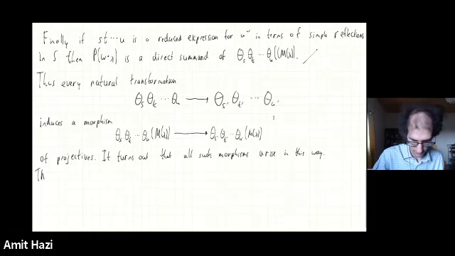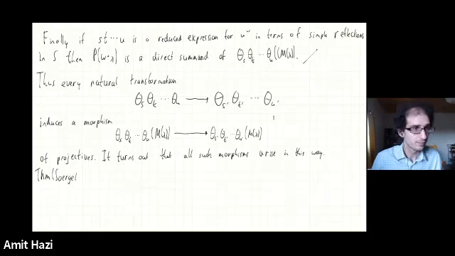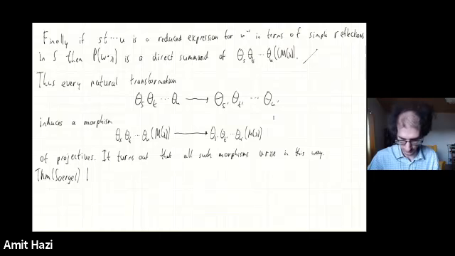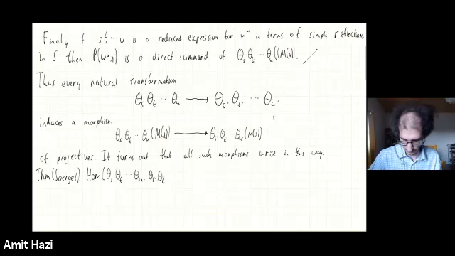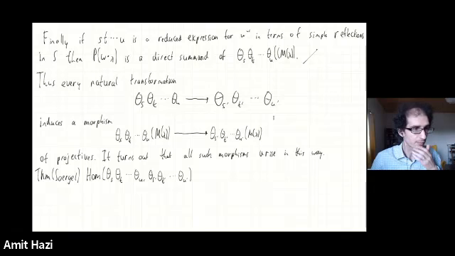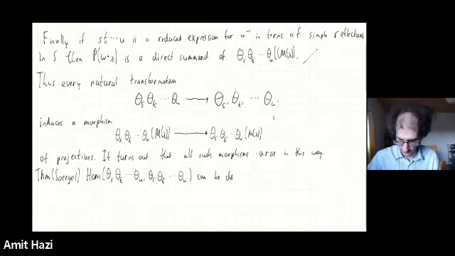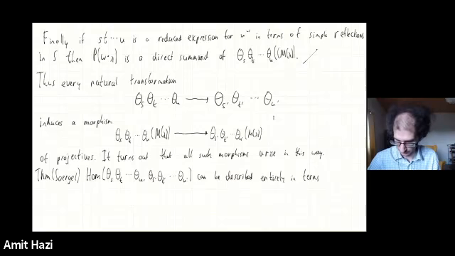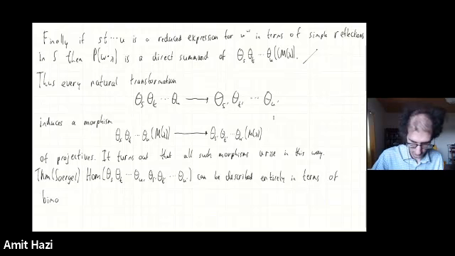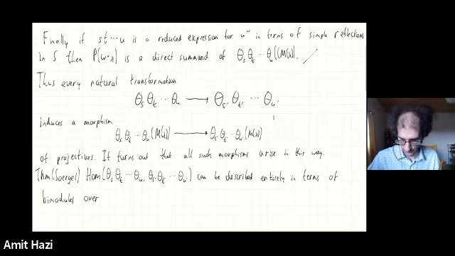Large theorem due to Soergel, which is that the natural transformations between such functors can be described entirely in terms of bimodules over the polynomial ring C adjoin polynomial ring of functions on h.